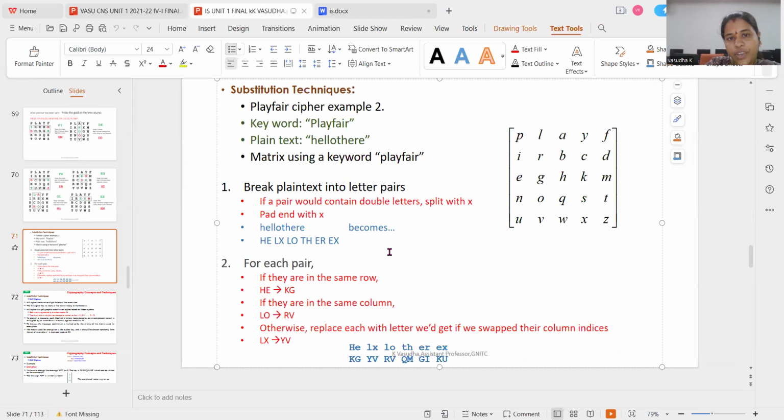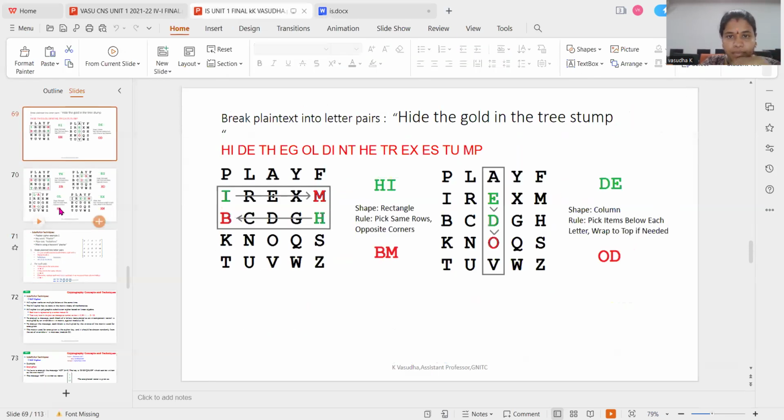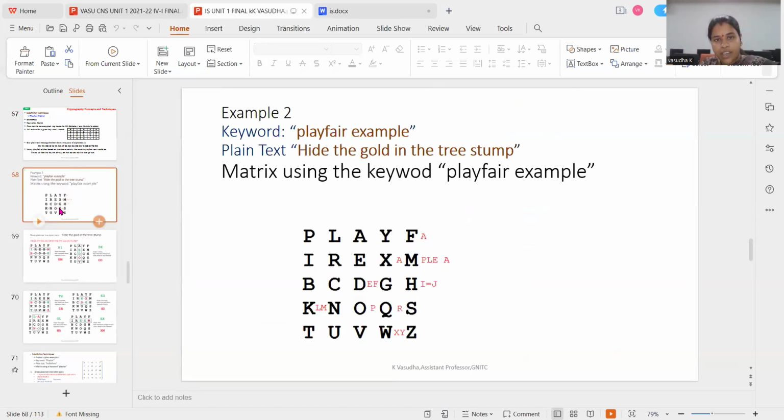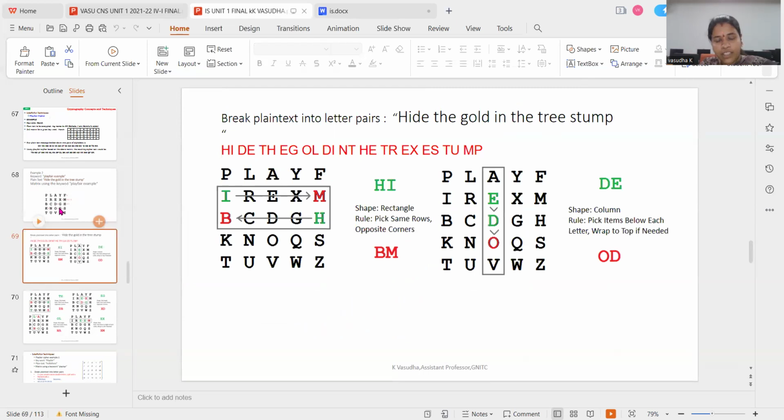After developing the 5 by 5 matrix and defining the two letters, for encryption, we check whether both letters are in the same line, or else HI.